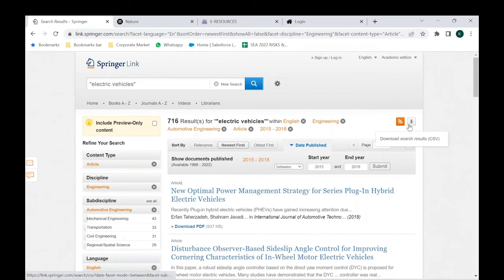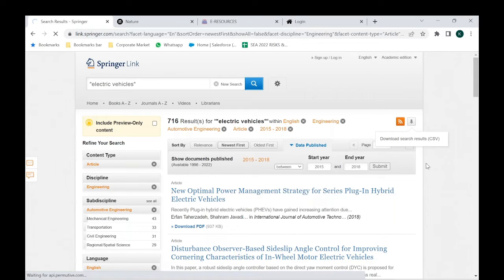Next, you can download the search results here. So let's say you wanted to go offline, and you're really satisfied with your filtering so far. You can actually save these 716 results. You can save a maximum of 1,000, in actual fact, by just clicking this download search results as a CSV file.